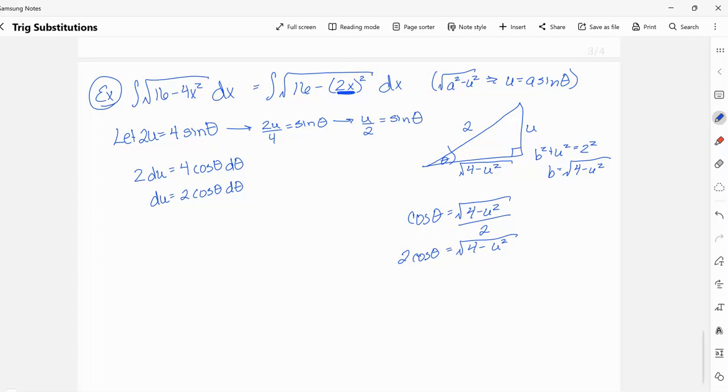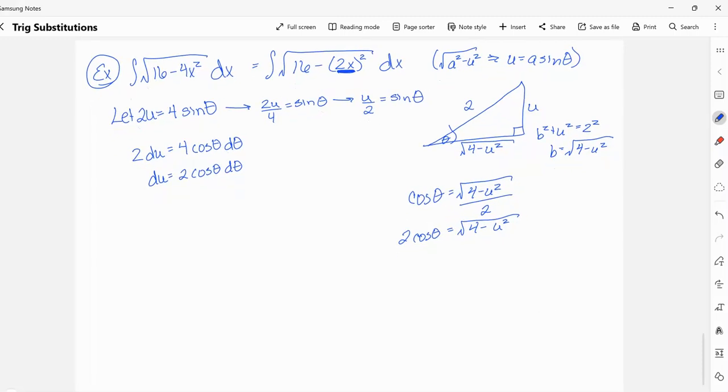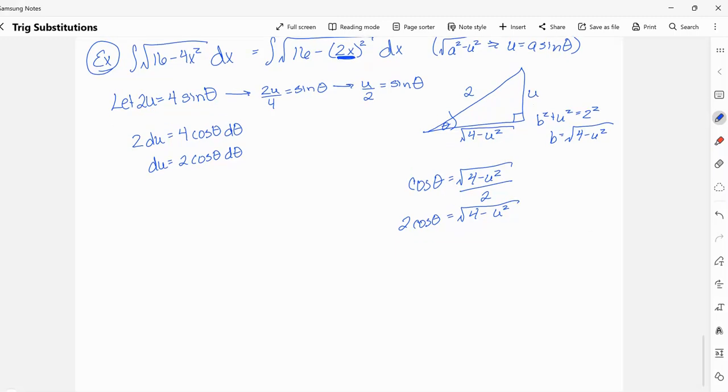I think we're going to have to tweak this a little bit because we need a 16 there. So let's multiply both sides by 2. So I'm going to get 4 cosine of theta is equal to 2 times the square root of 4 minus u squared. And let's work with this.